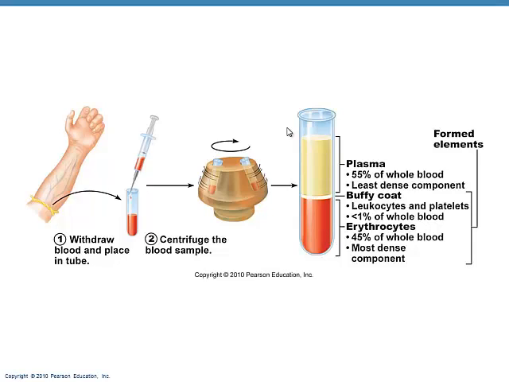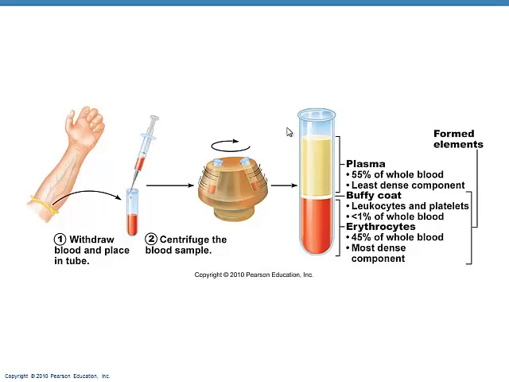Who gets rid of waste? Kidneys. Respiratory system. Skin. Okay, so these are some examples of where the waste is brought to, filtered out, and removed.